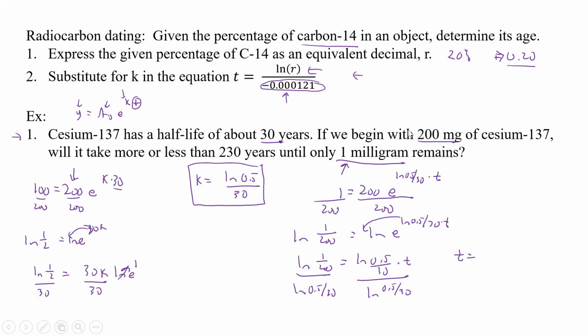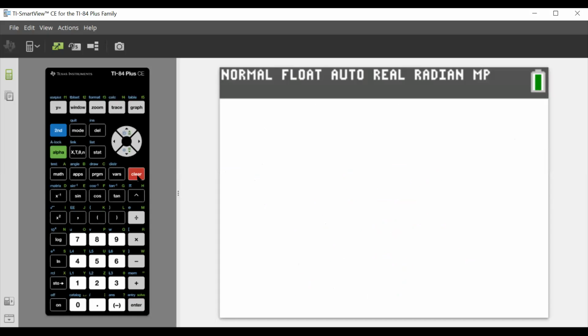Okay, so what do we have here? Let's see if we can type that in our calculator and get an answer. Well, we're going to take the ln of 1 divided by 200, and that's going to be divided by the ln of 0.5 divided by 30.